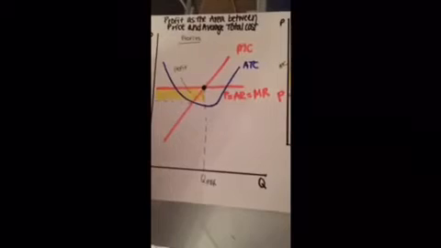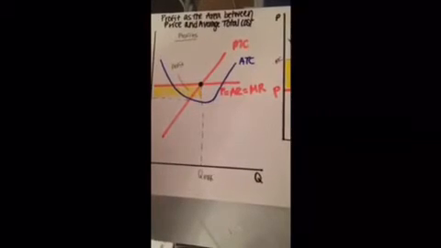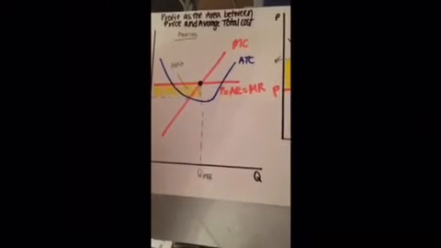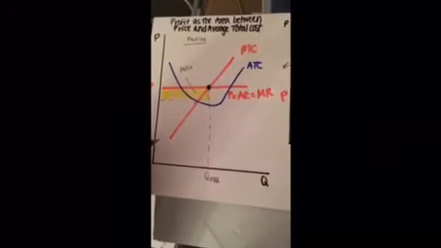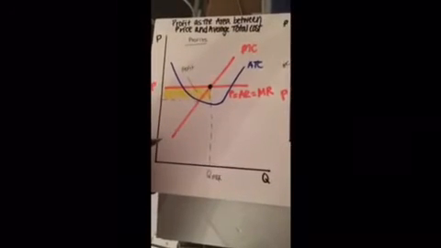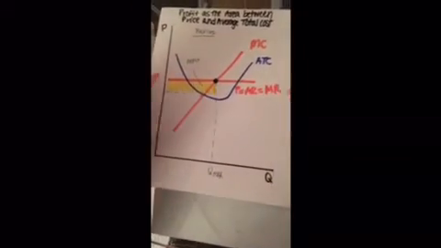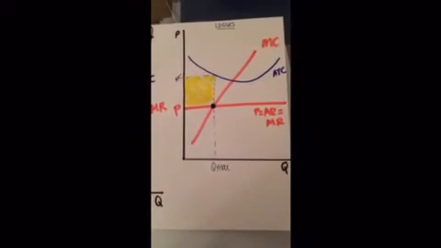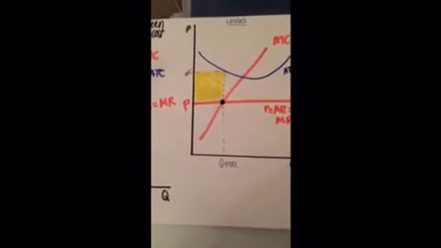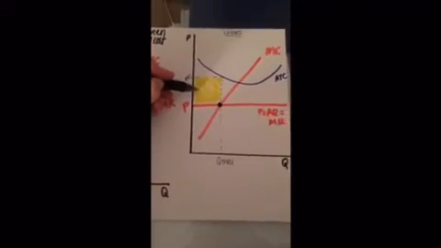The height of this box is the price minus average total cost, P minus ATC, and the width of the box is the quantity of output, Q. In panel A, which shows the profits, price is above average total cost, so the firm has a positive profit, which is seen here in this yellow shaded region. In panel B, which is the losses graph, you can see that price is less than average total cost, so the firm has losses, which is equal to this yellow shaded region here.